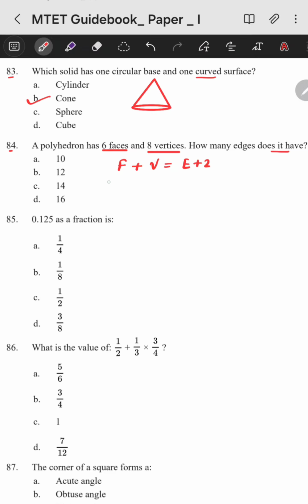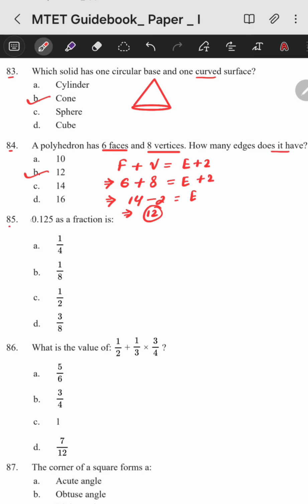Here if you put the values, we will get our option. 6 faces, plus 8 vertices, edges we have to find out, plus 2. If you simplify further, 6 plus 8 is 14, and this 2 if we bring here, it will be minus, is equal to edges. If you subtract, that is 12. So option B is your correct option. 12 edges.